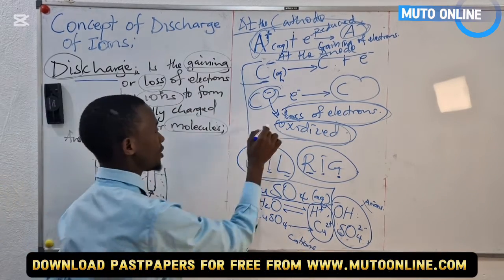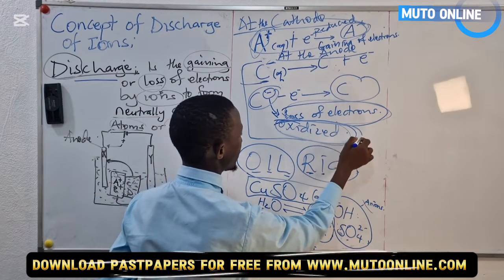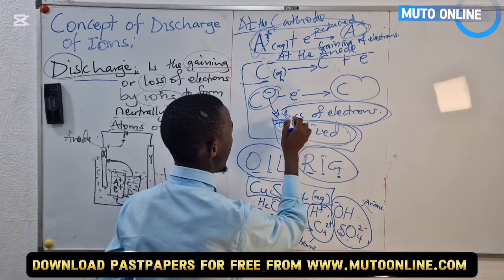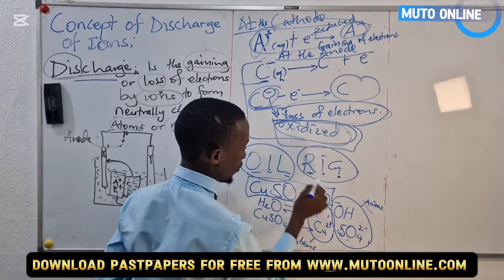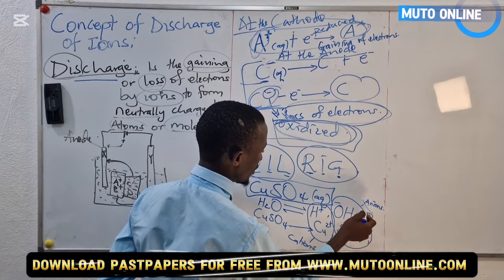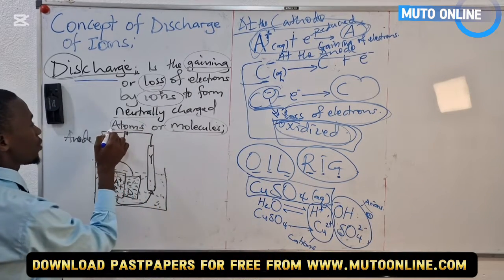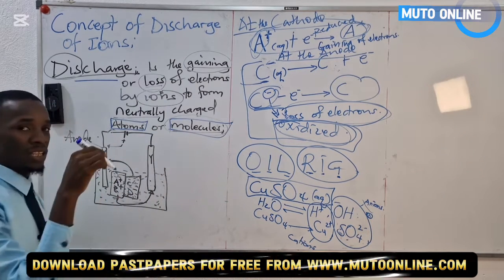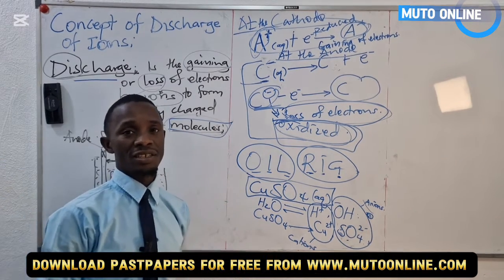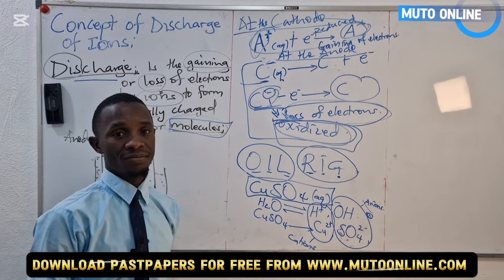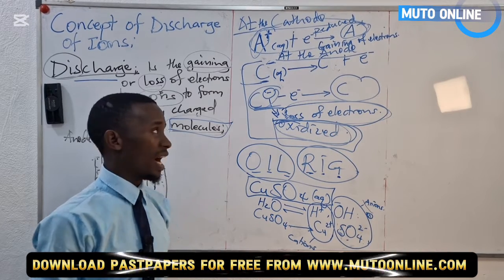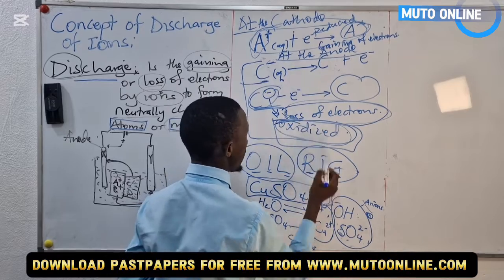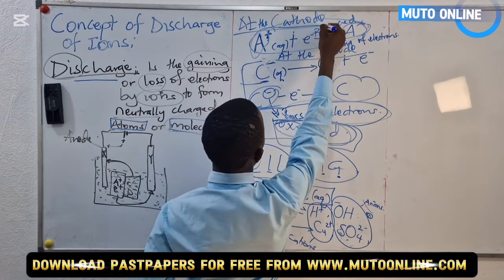And an oxidation of an ion at the anode will result in formation of the respective atom or what? Molecule of that respective element. And then the cations will migrate to the cathode.